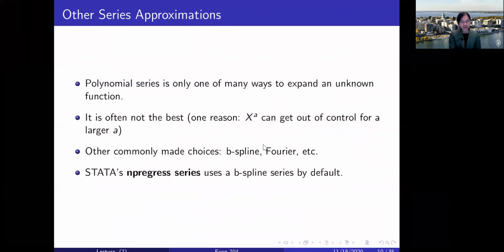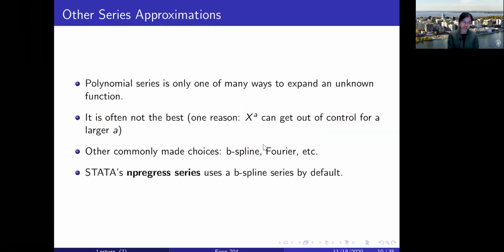And I also want to mention that a polynomial series is only one of many ways to expand an unknown smooth function. It's often not the very best one. The reason is that sometimes if your x variable is unbounded, x to a large power, say x to the power 10, will be so huge that the computer doesn't deal with it very well.